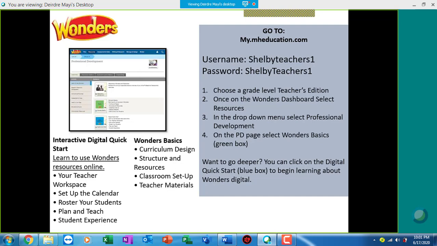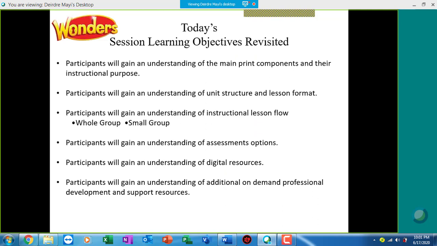So please, please avail yourselves of that information. As we come to an end here, I want to revisit the objective. It is my hope and prayer that you gained an understanding of the main print components in Wonders 2020 and their instructional purposes. It is my hope that you gained an understanding of how units are structured and how the lessons are formatted.